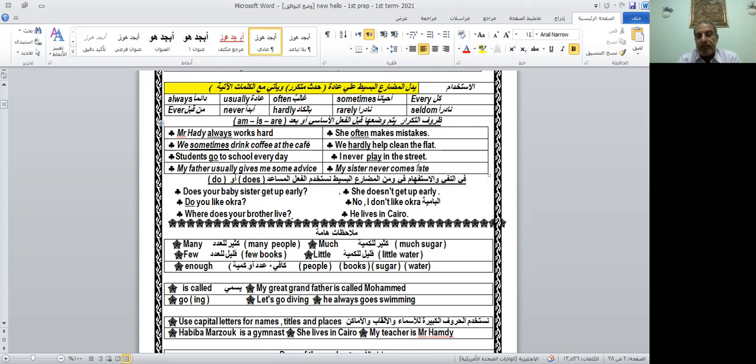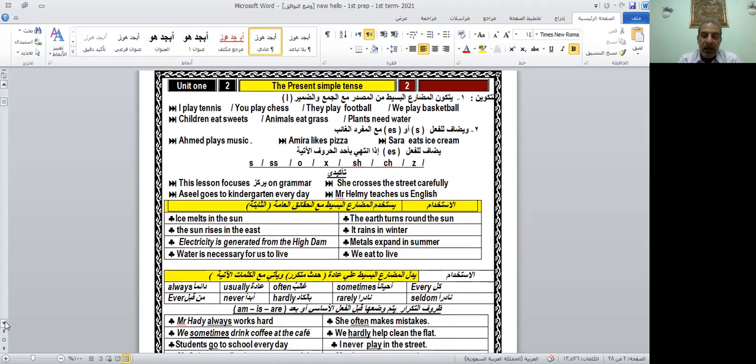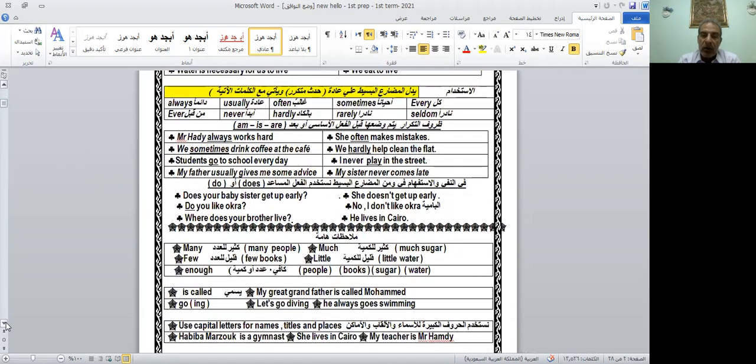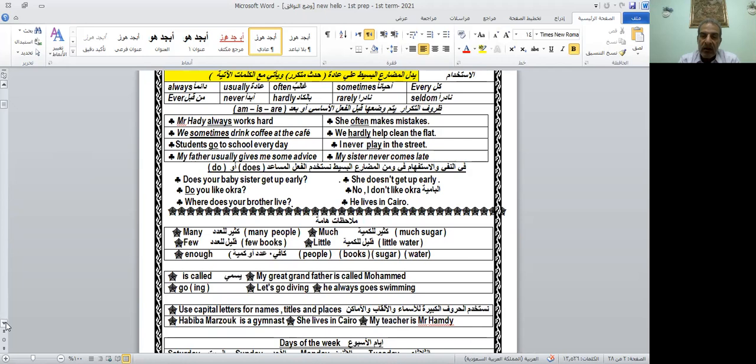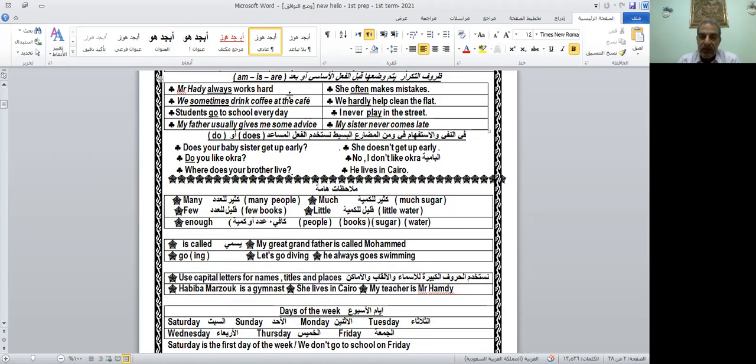But if we have verb to be, for example, my sister is never late. Be careful that verb to be, am, is, are, comes before always, sometimes, we usually, and something like that.